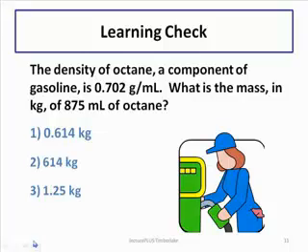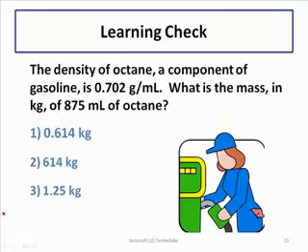Okay, so let's look at an example of how we would do that. Here we have the density of octane as 0.702 grams per milliliter, and it wants to know the mass in kilograms of 875 milliliters of octane.